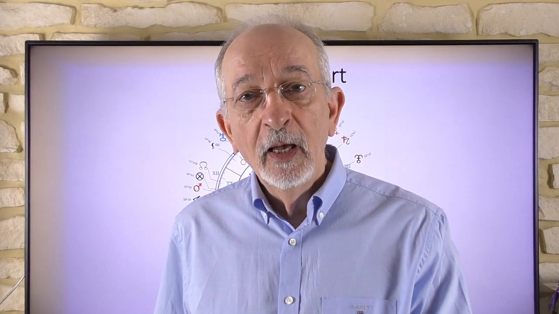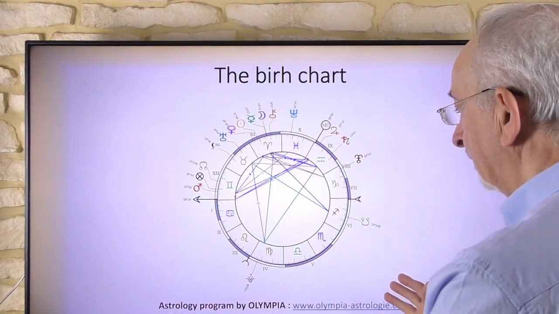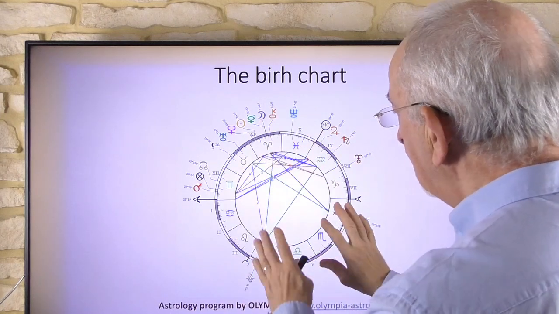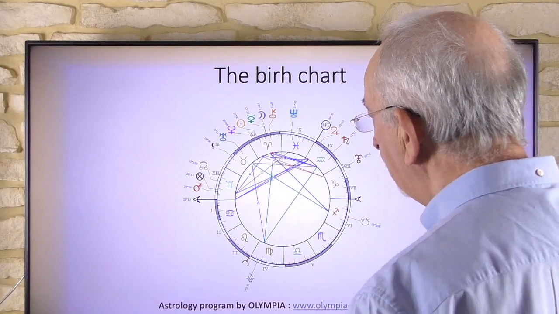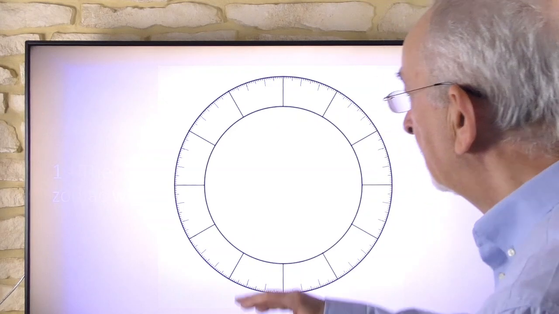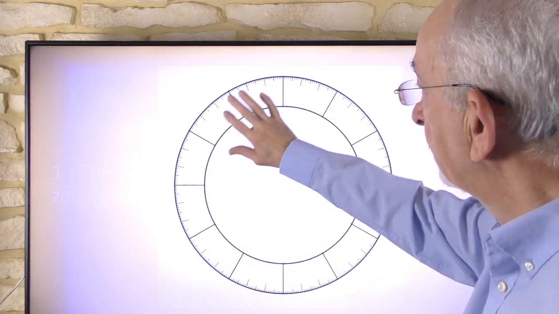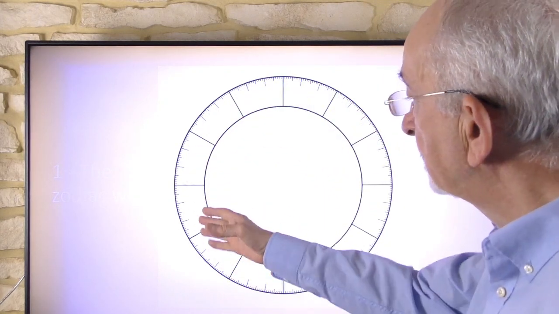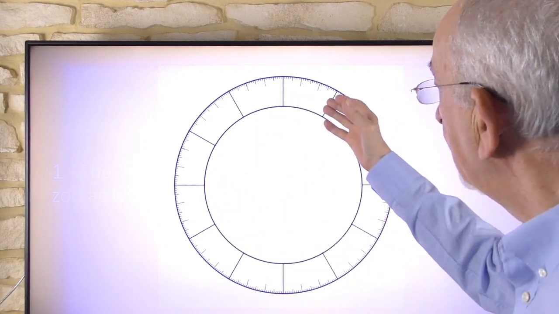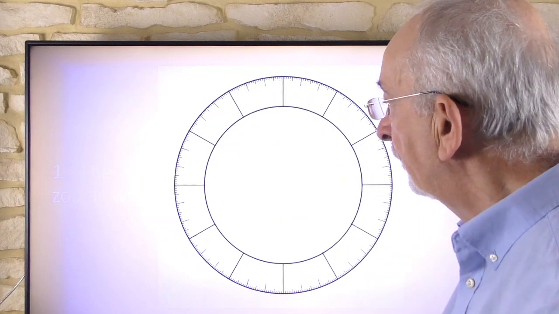Behind me, this is a complete birth chart. Here it is. You see all the planets, the signs, and inside what we call the aspects. So let's have a look gradually at what a birth chart is made of. First of all, this is the circle in which you can see 12 sections. 1, 2, 3, 4, 5, 6, 7, 8, 9, 10, 11, 12.